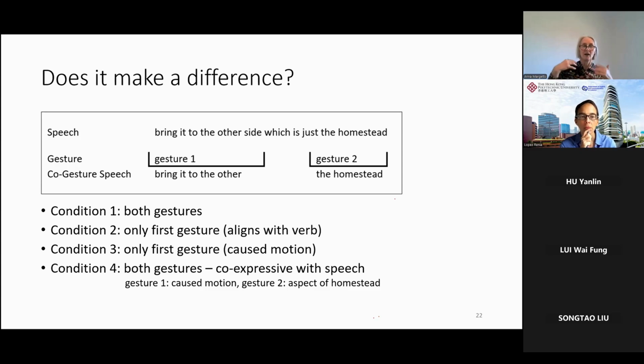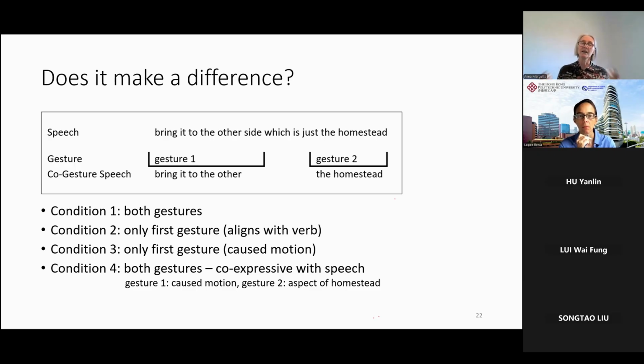Condition 3, the first gesture was one that expressed caused motion. So in condition 3, we would only include this first gesture because that's defined by gestures expressing caused motion, which was not the case for gesture 2, which was just kind of giving the boundary or location of the homestead.